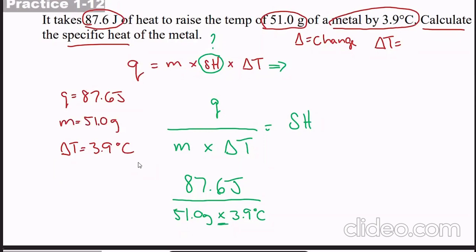Whichever way you want to calculate it, be my guest. One way is to take the 87.6 joules, and then multiply 51.0 times 3.9, and I get 198.9 gram degrees Celsius.